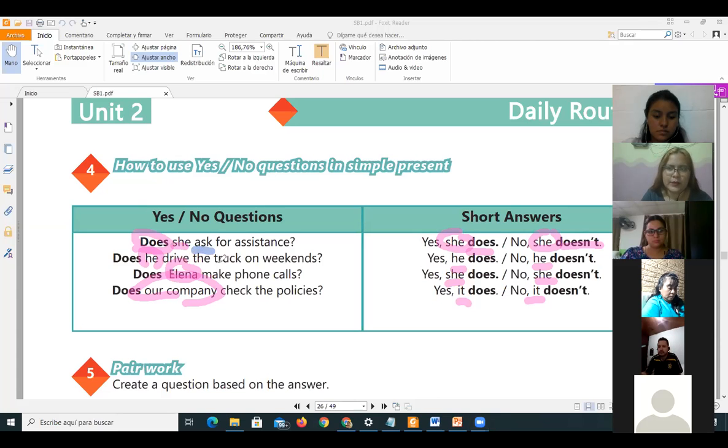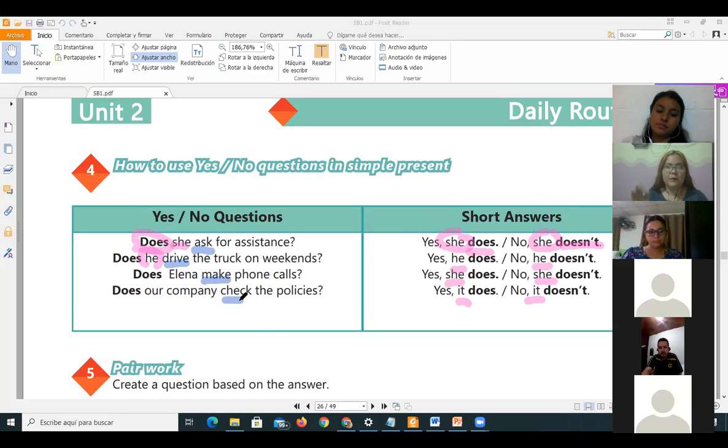In number two, what is the verb? Drive. Okay, that's right. In number two, the verb is drive. Very good. In number three, about Elena, what is the verb? Make. Correct. And in number four, what is the verb? Check, exactly.